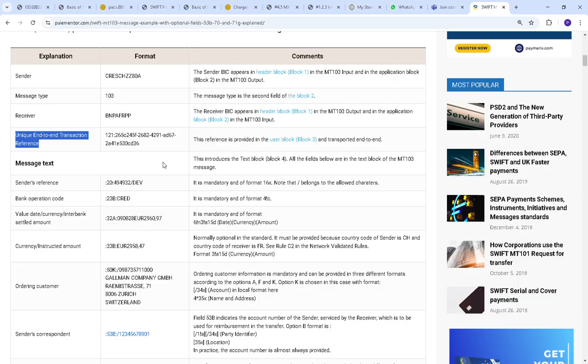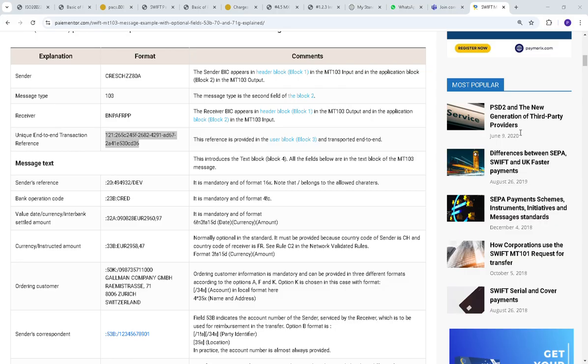This is in block 3, the UETR. So if you want to add the reference number, it is there, with field 121. So we can add it here as well, like this, 121. This is the format of block 3.